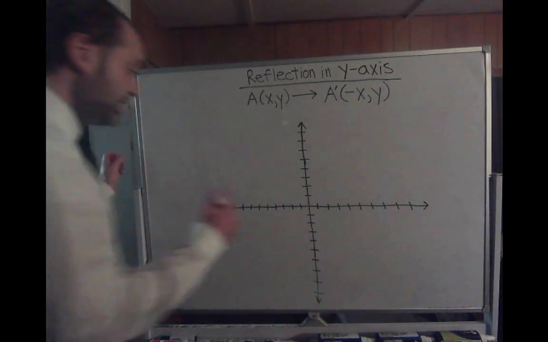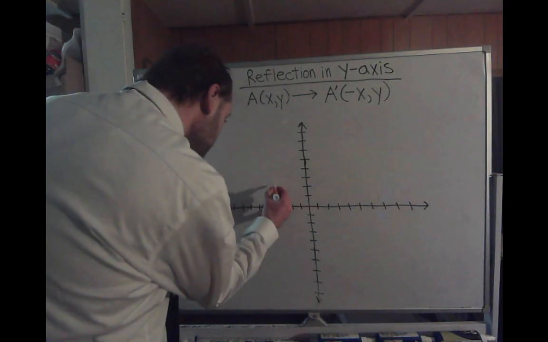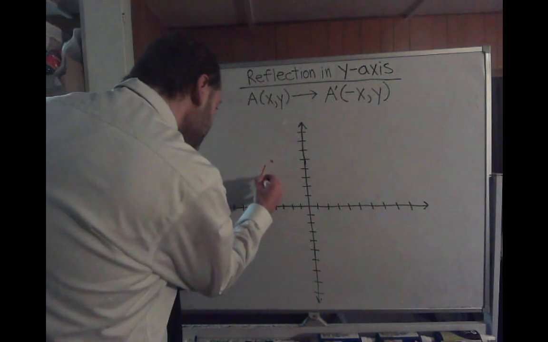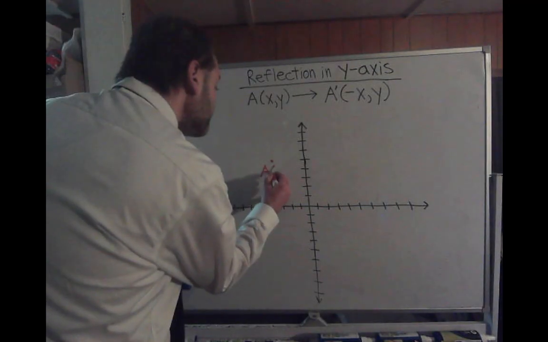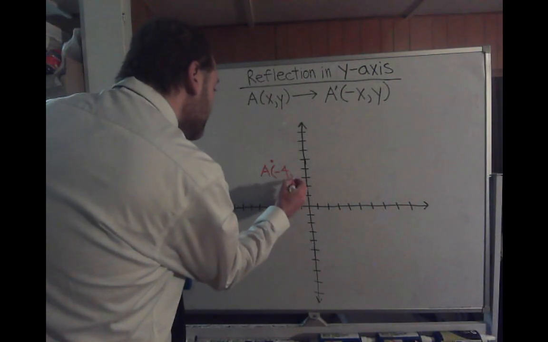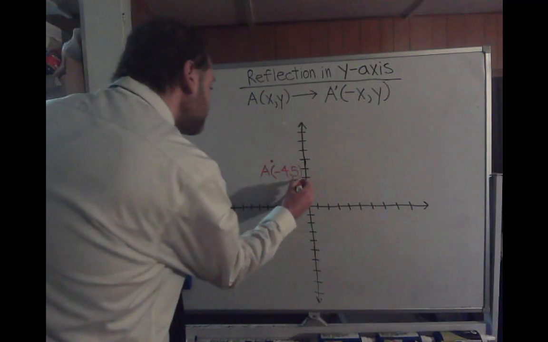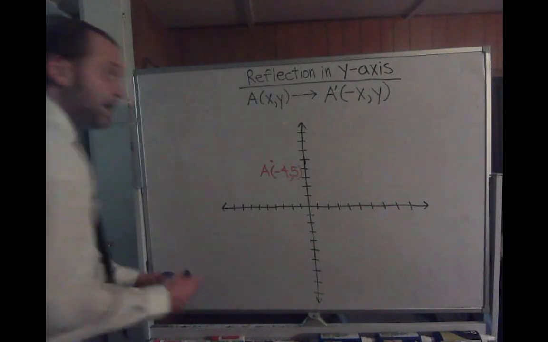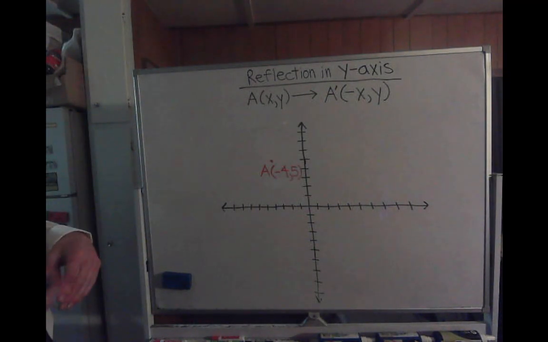So this time we have A located at -4, 5, right? We want to find A prime by reflecting this in the y-axis.